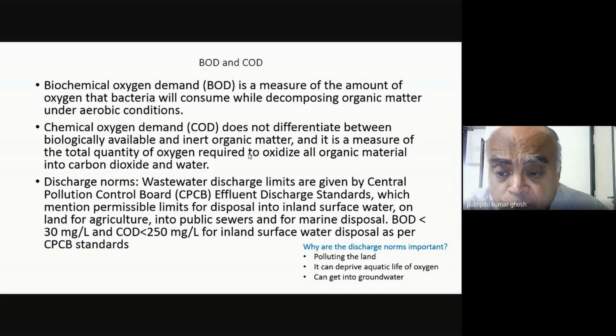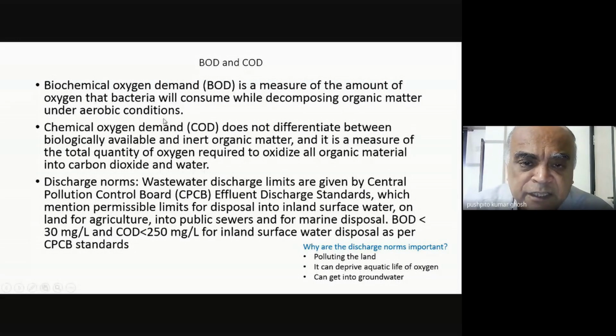And for aquatic life, what happens is that if I put all this stuff into the water streams, and my bugs are acting and start chewing up these effluents, what will happen then?